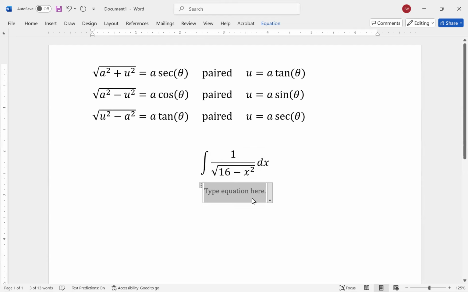All right, so square root of 16 minus x squared, that should be equal to 4. So we're in the second one I've listed, 4 times cosine theta, because again, constant minus variable squared. So 4 times cosine theta.